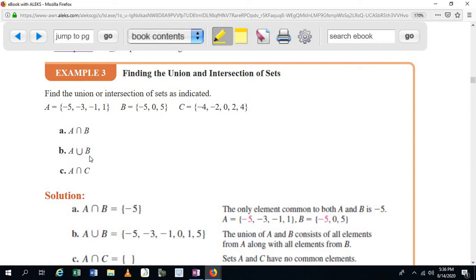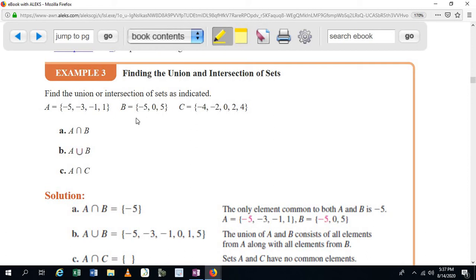Okay, what about A union B? So A union B would be all the elements in A, or the elements in B, or the elements in both A and B. So if you look at these two sets, -5 is in A, -3 is in A, -1 is in A, and 1 is in A. So those are certainly in the union. -5 is in B, so that's in the union. 0 is in the union, and 5 is in the union.